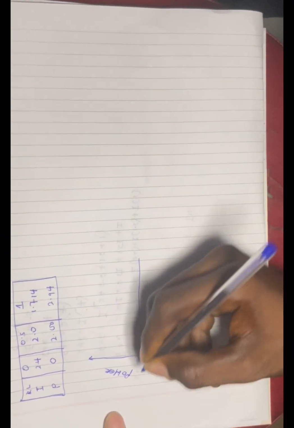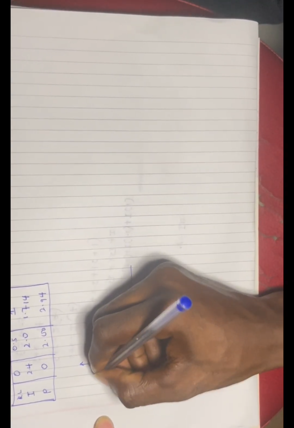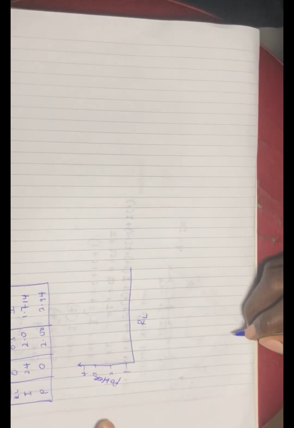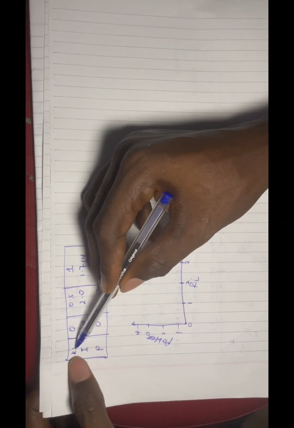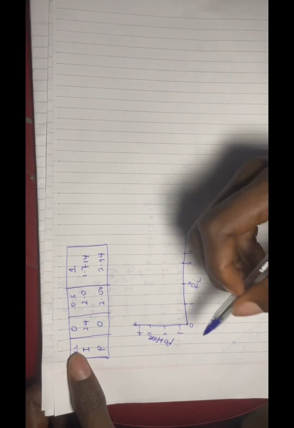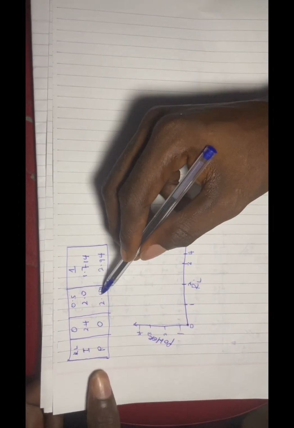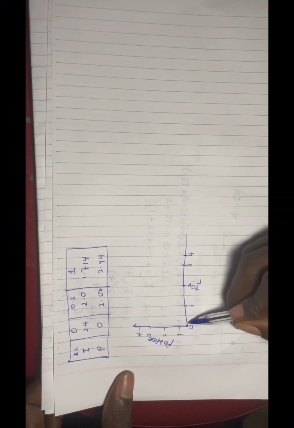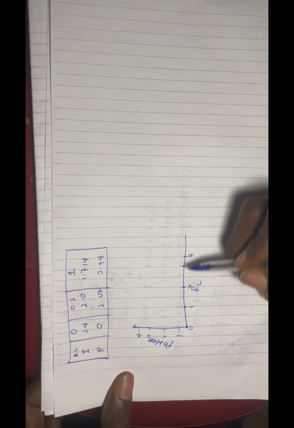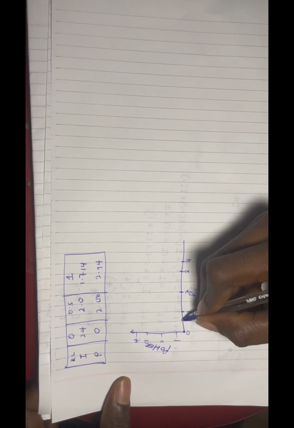So let's do 1, 2, 3, and 4. Have your 0 here. When the power was 0, the resistance was 0, so you bring your point here. When it was 2.00, your resistance was 0.5. So where would 0.5 be? 0.5 would be somewhere in here.